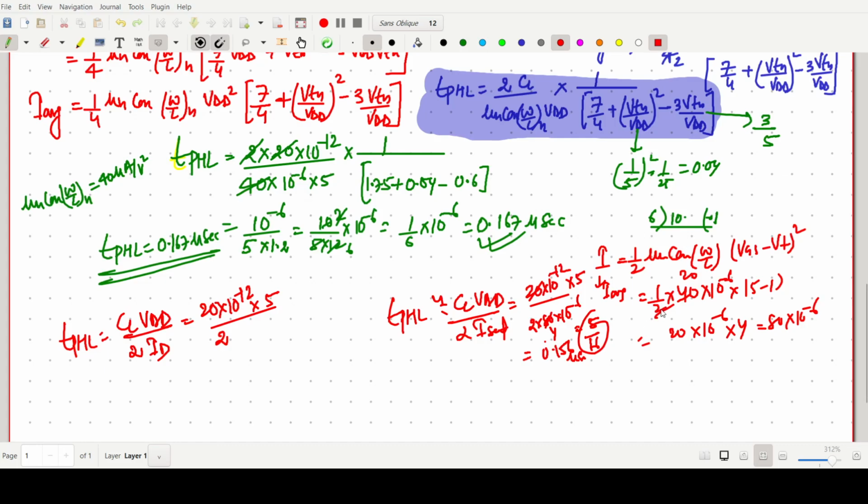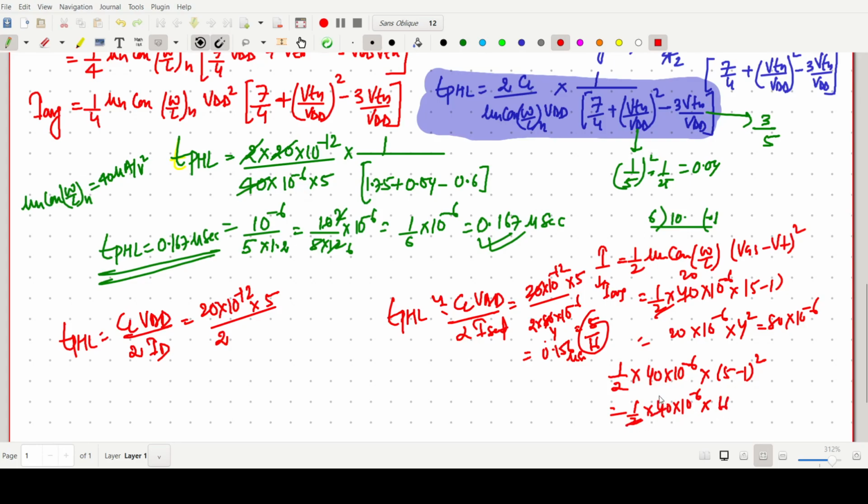Then this value is 1 by 2 into 40 into 10 to the power minus 6 into 5 minus 1 whole square, so 4 square, 16.